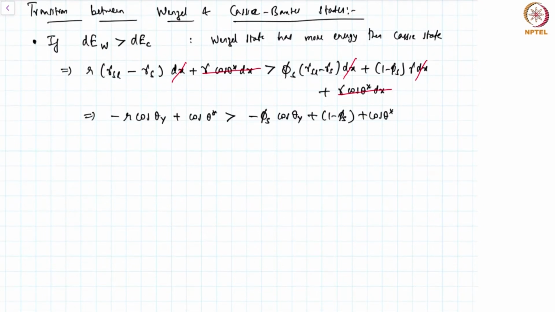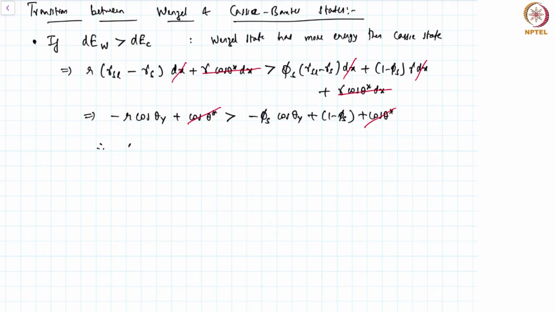Notice again that cosine of theta star will also get cancelled, and now we have an inequality between the roughness parameters, r and phi s, and the Young's contact angle theta y.